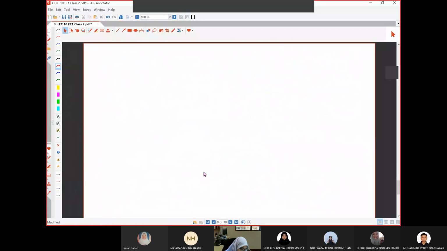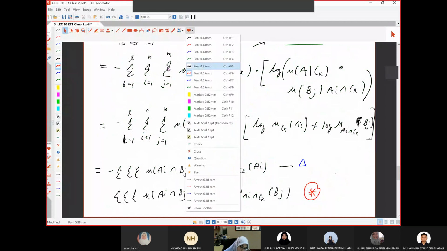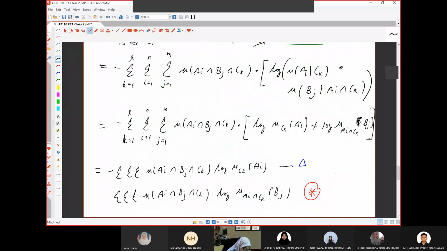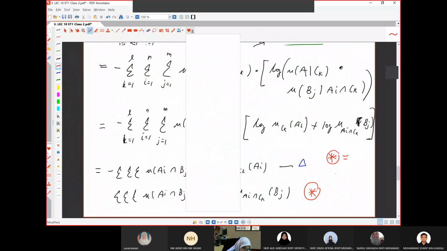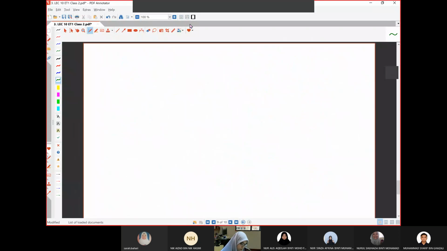Okay, so that means we verified that our star is equal to the green star. Okay, now we go to the triangle expression and we show.